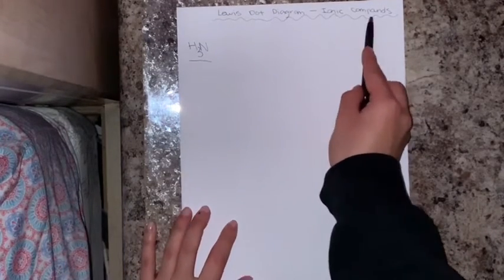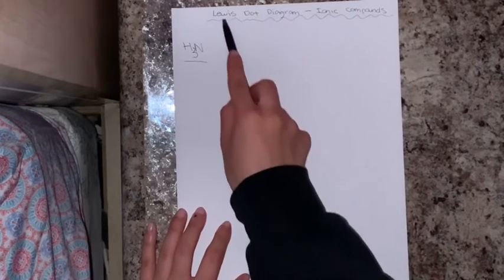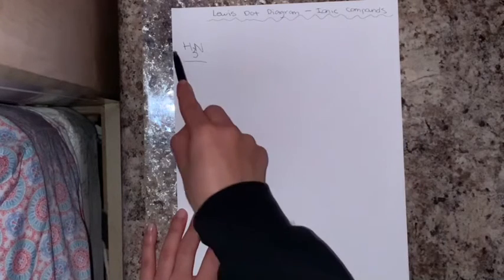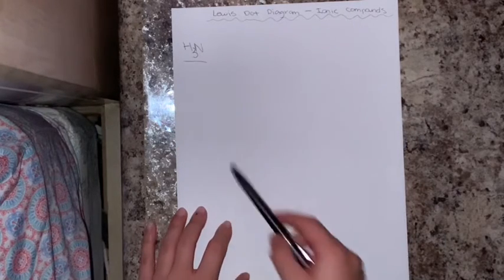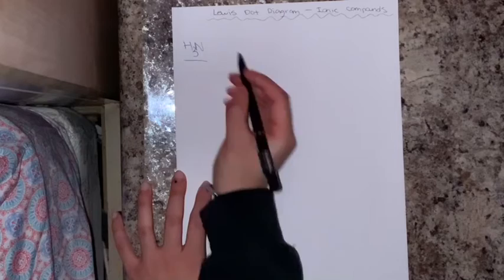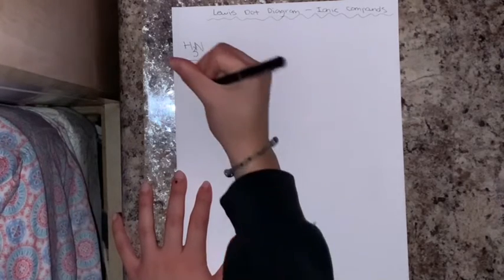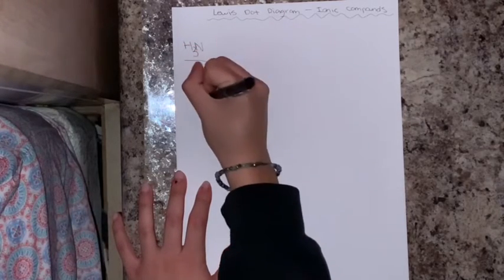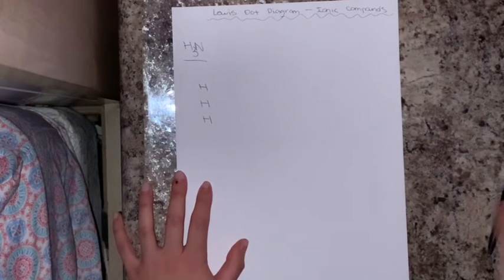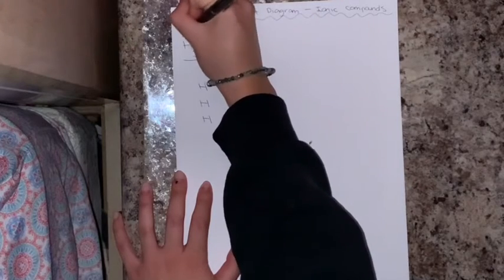So for our second example of Lewis dot diagram for ionic compounds, we have H3N. And so the first thing we're going to do is write the chemical symbol for hydrogen, which is H. We have 3 atoms of hydrogen, so we're going to write 3 H's, because the number 3 only applies to hydrogen and not to nitrogen.